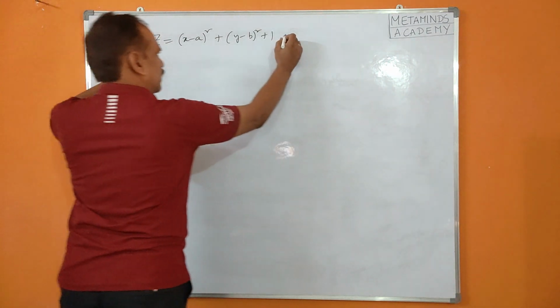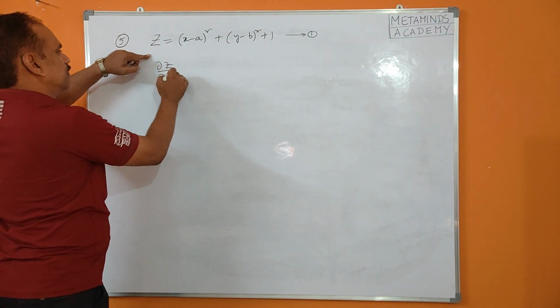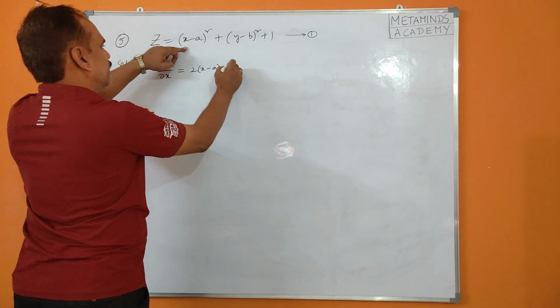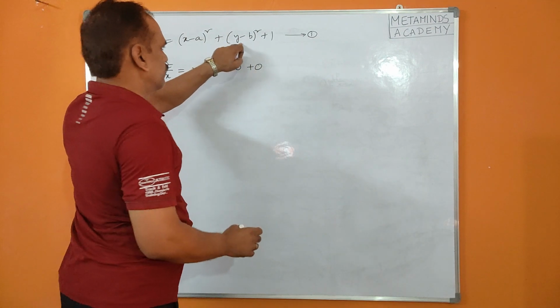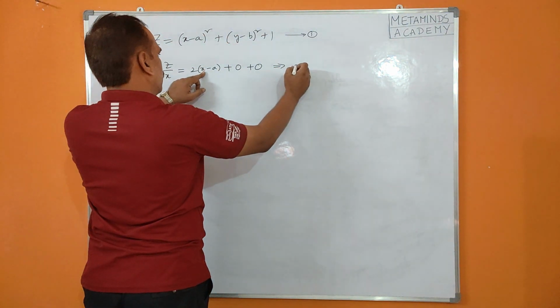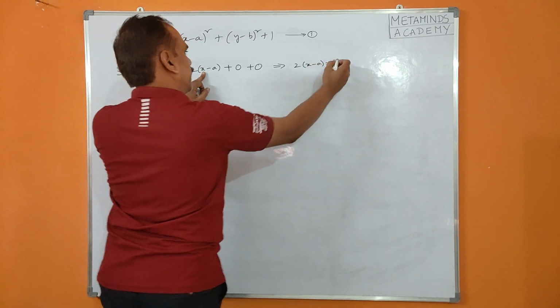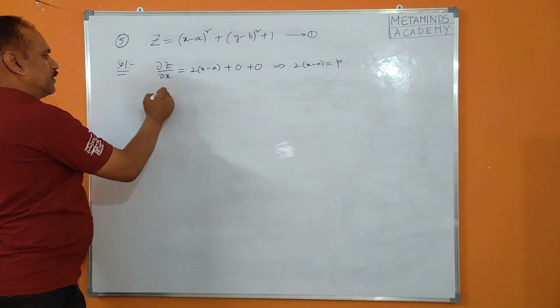You differentiate equation 1. It is dou z by dou x. Here it is 2 into (x minus a). There is no x in the other terms, so they are constant, 0. So from this, 2 into (x minus a) equal to p, or x minus a equal to p by 2.